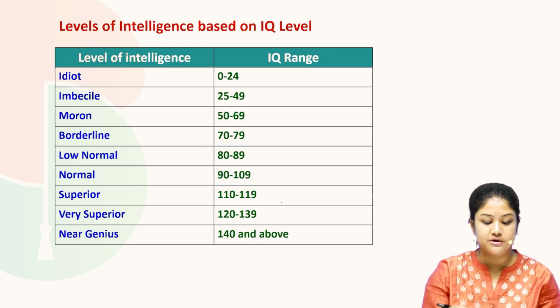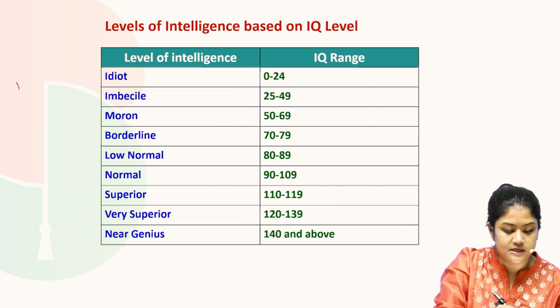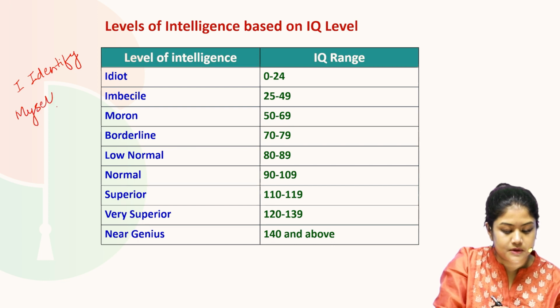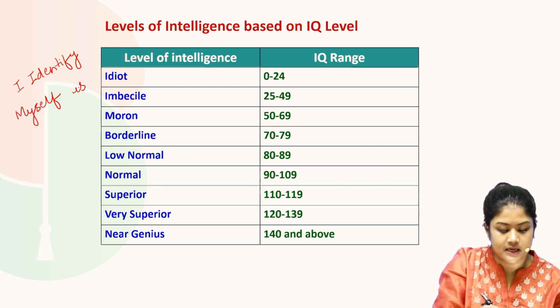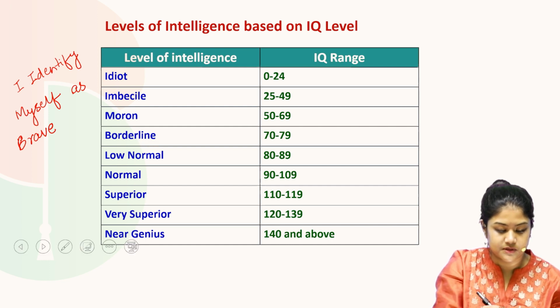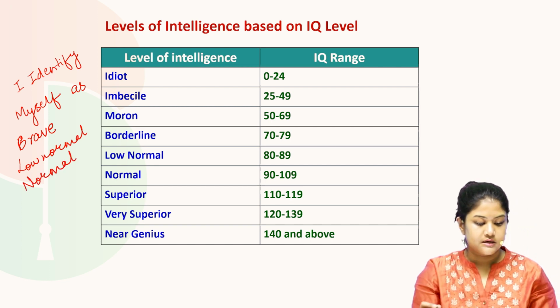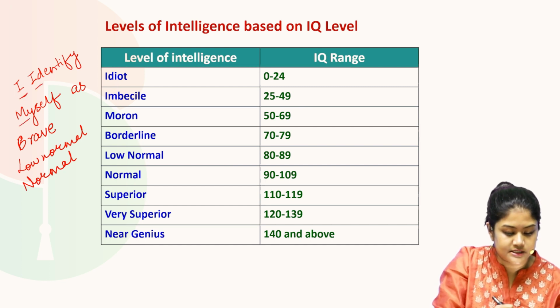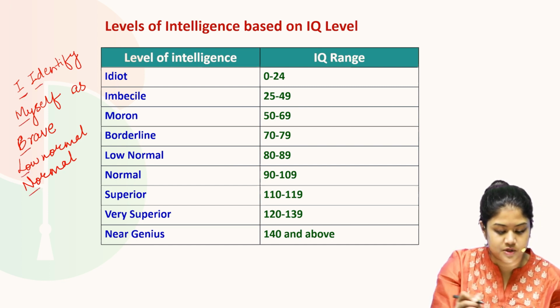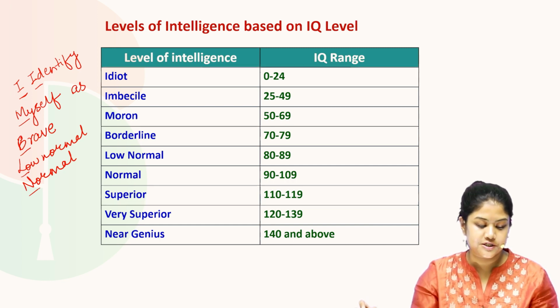So I have one simplified formula: I identify myself as brave, low normal, superior, very superior, near genius.